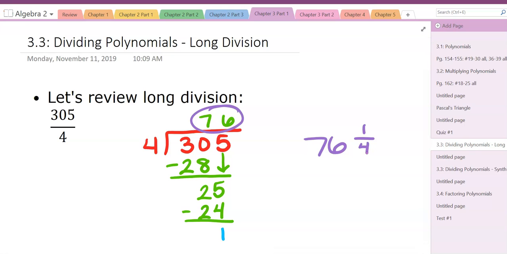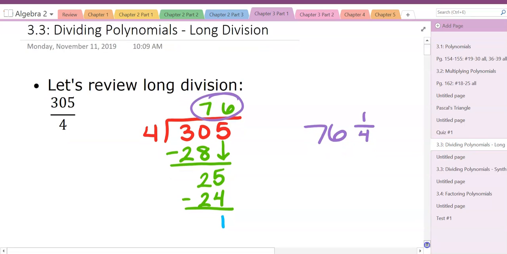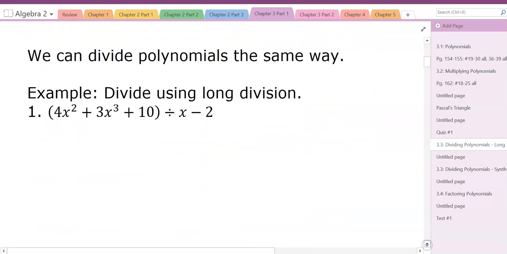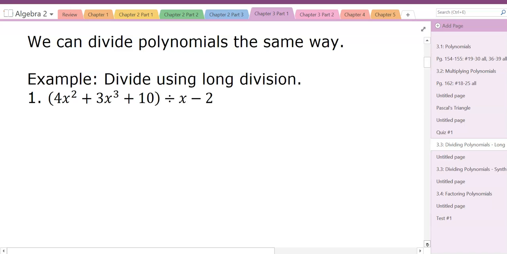So we're going to use this same method, the same steps, same process for dividing these polynomials now. I'm going to show you how this looks and do some examples with you. So we're going to take something like 4x to the second plus 3x to the third plus 10 divided by x minus 2.